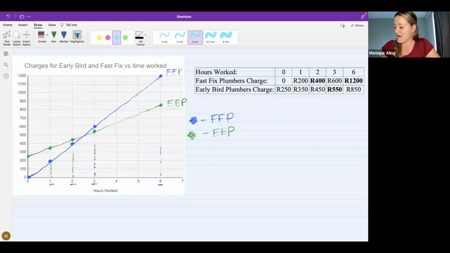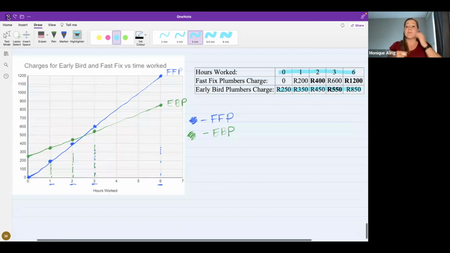Okay, here are our early bird amounts. And then we've got our hours, because our graph has the amounts on the side and our hours at the bottom. Okay, so based on the scenario, they told us early bird plumbers charge you 250 Rand straight away.